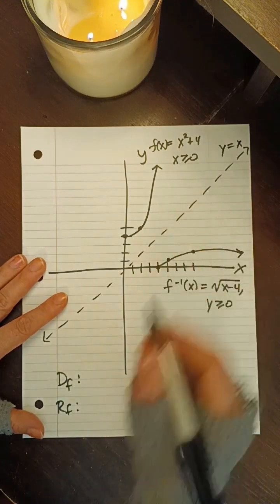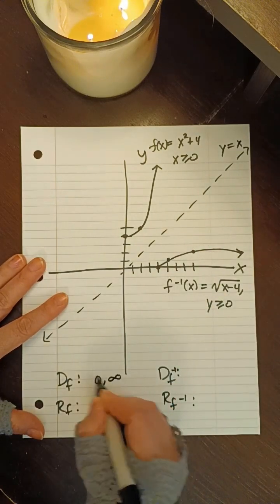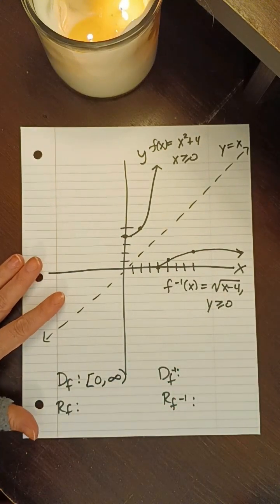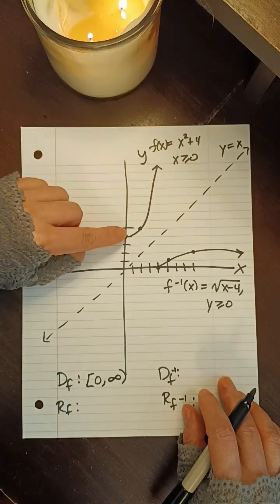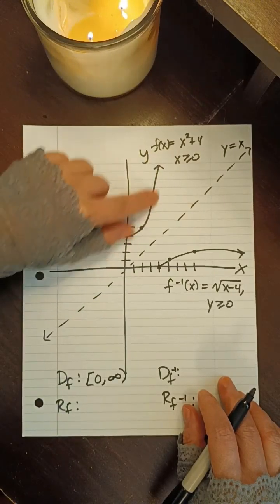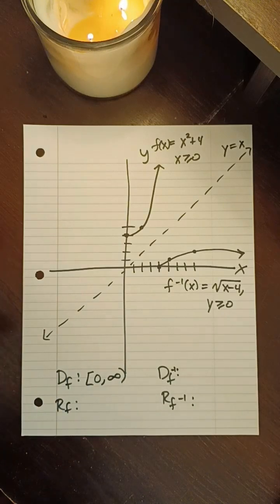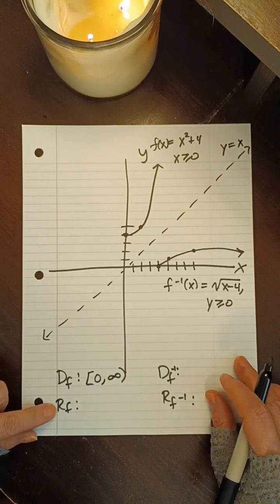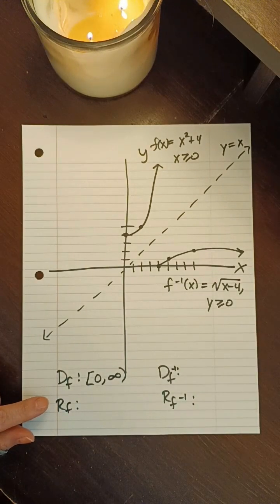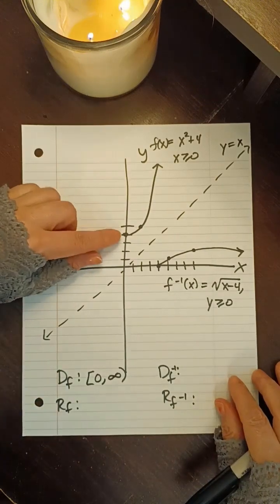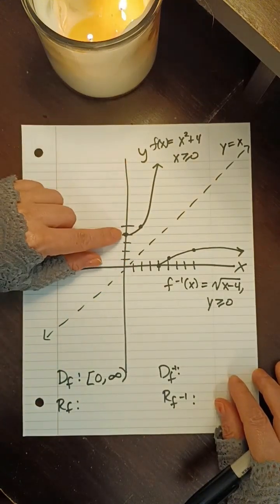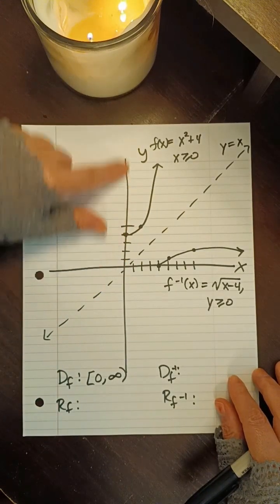The domain of f was 0 to infinity, including 0. And we can see that. So we read left to right, it's x is greater than or equal to 0, right? All the x values are greater than or equal to 0. And the range is from, we read bottom to top. So 4 up.